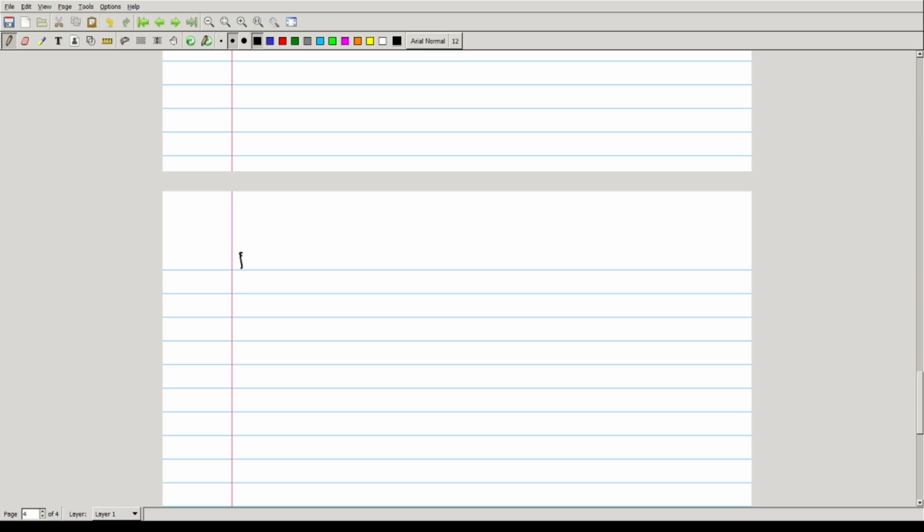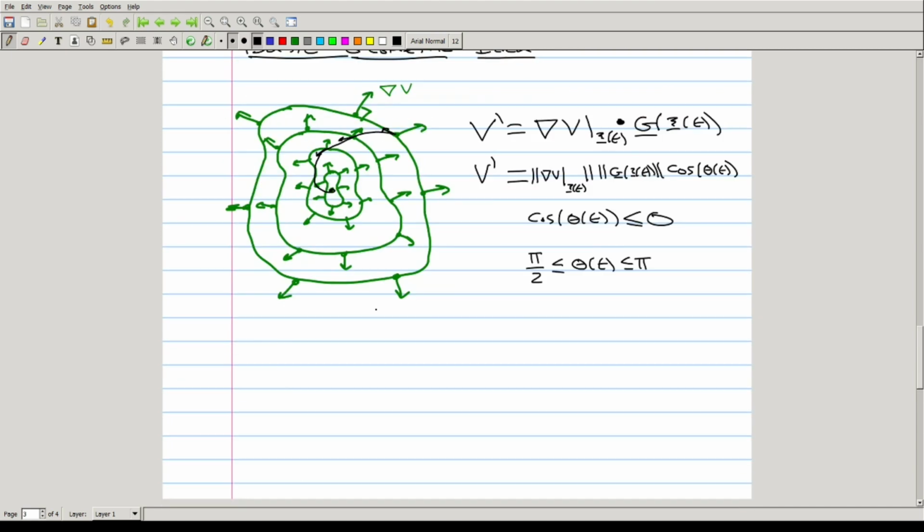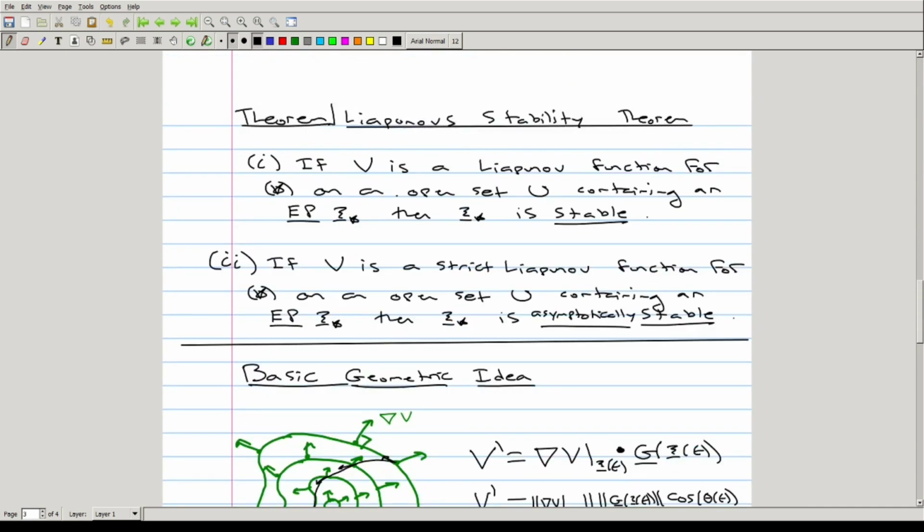So we'll go through and do a proof of part 1. Like I mentioned, the proofs of both parts are in the book.